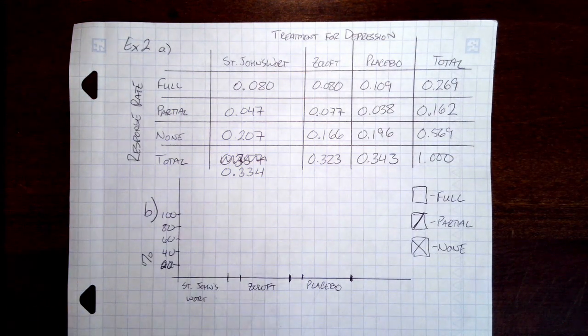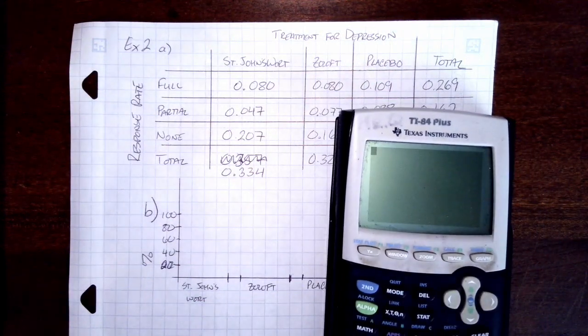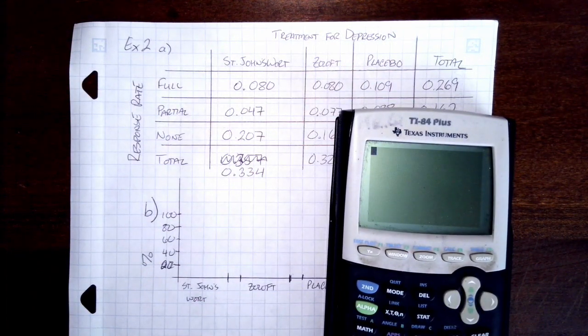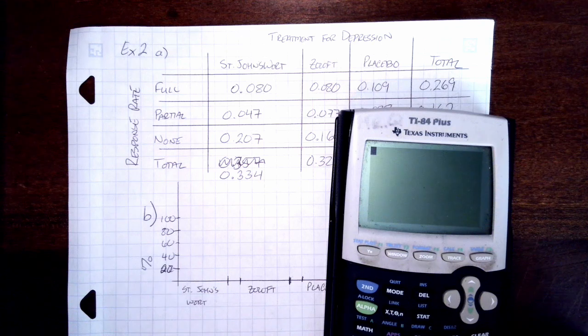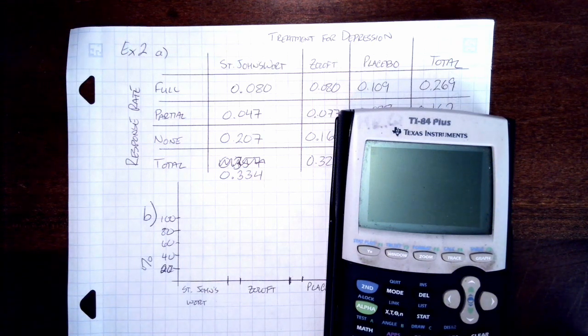John's wort takers felt any response, we could either use the original 27 out of, and what was it that we saw before? 113.